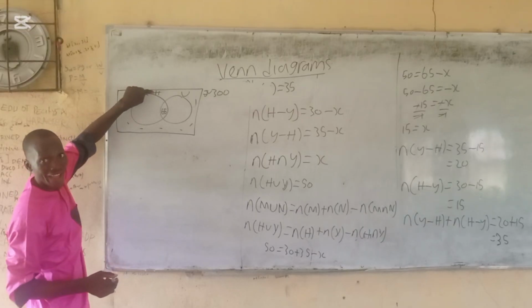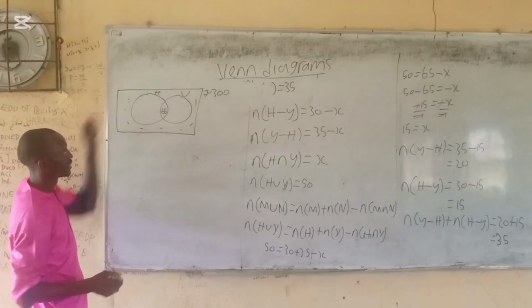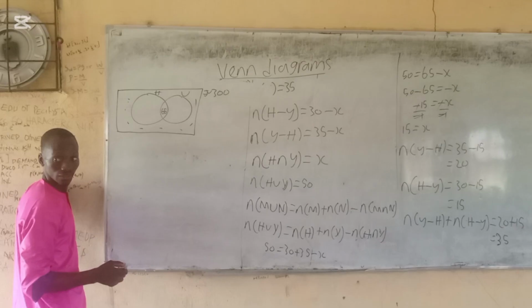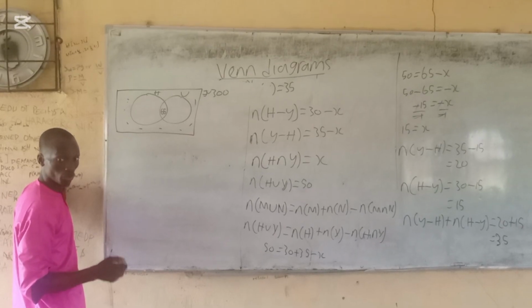This is higher national diploma. How many people are there? 120 higher national diploma.